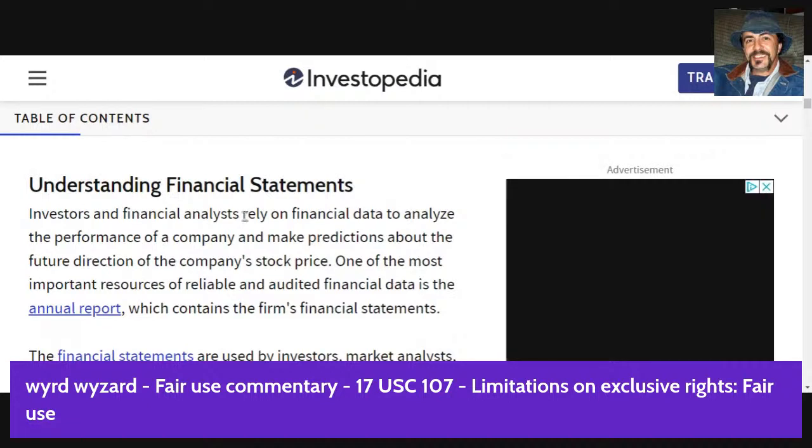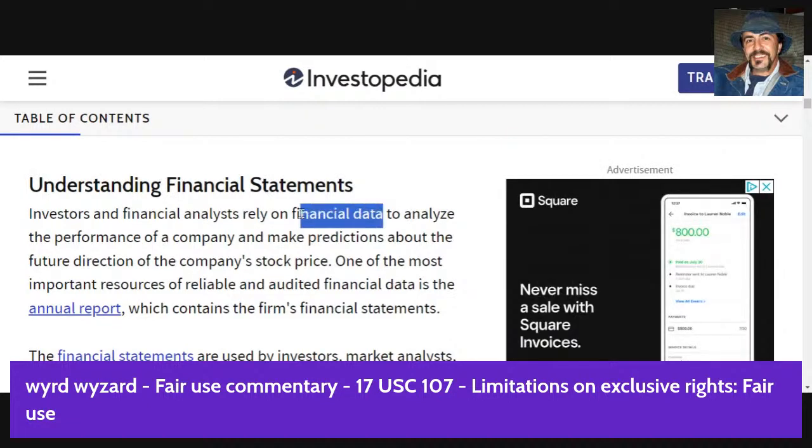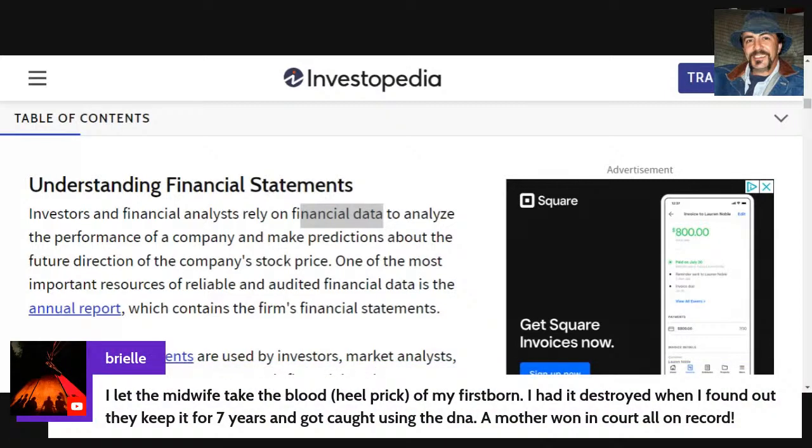Investors and financial analysts rely on financial data. Remember them data elements? I got to read this comment from Brielle real quick in regards to those data elements, because one of those data elements I let the midwife take the blood heel prick of my firstborn.